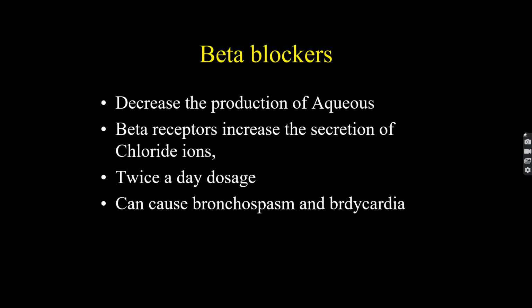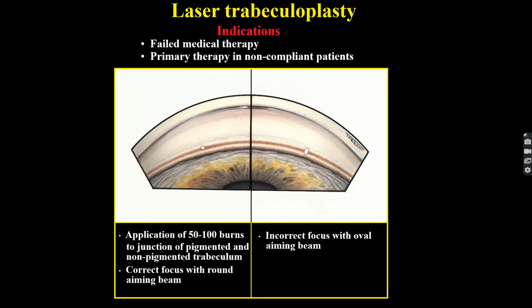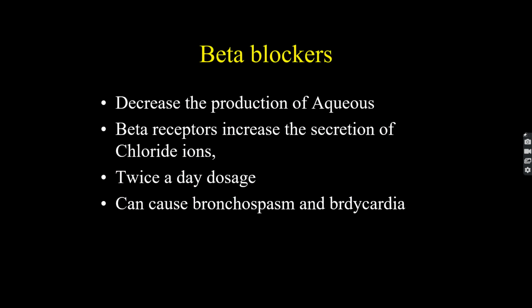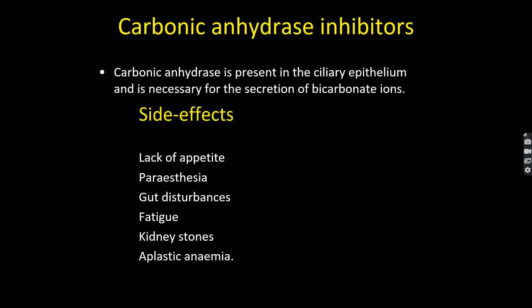One drug is missed, that is the prostaglandin analogs. These prostaglandin analogs are now the first line of treatment of primary open angle glaucoma in many places. Its side effects are a stinging sensation, redness of the eye, and inflammation of the eye.